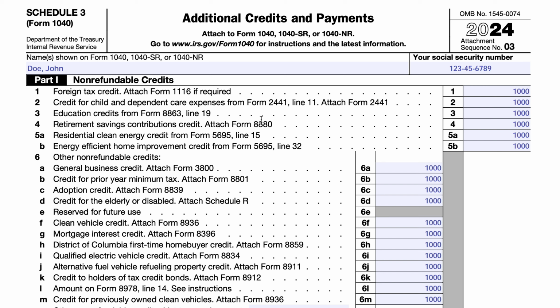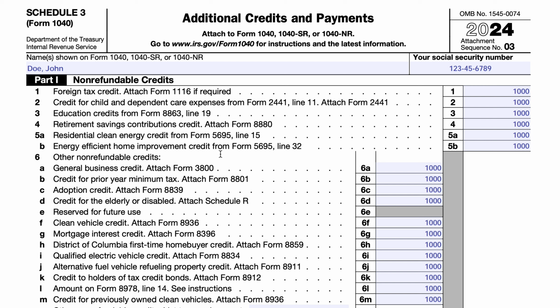We're simply going to talk about each line item, discuss the form that would apply to your tax situation, and then walk through how the calculations work for your benefit. Every line item is $1,000, just so that we can avoid confusion on the calculations and focus our attention really on each line item of tax credit and where you can find that.